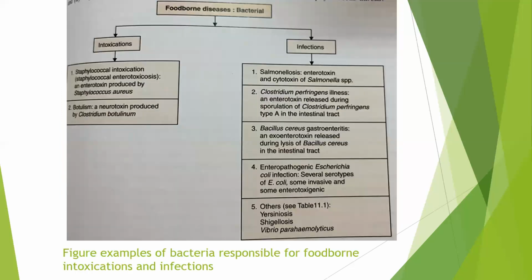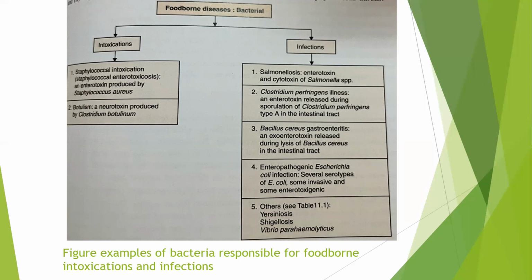Here are examples of the bacteria responsible for foodborne intoxications and infections. Among intoxications, we have staphylococcal intoxication, caused by an enterotoxin produced by Staphylococcus aureus, and botulism, caused by a neurotoxin produced by Clostridium botulinum.